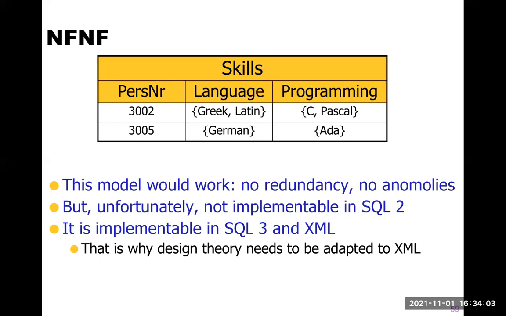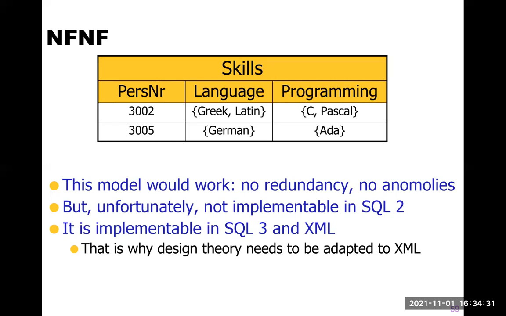So that's why non-first normal form is implementable, but it's not a good fit for relational operators. Relational operators expect atomic values to compare them, to implement joins, lookups, and everything.